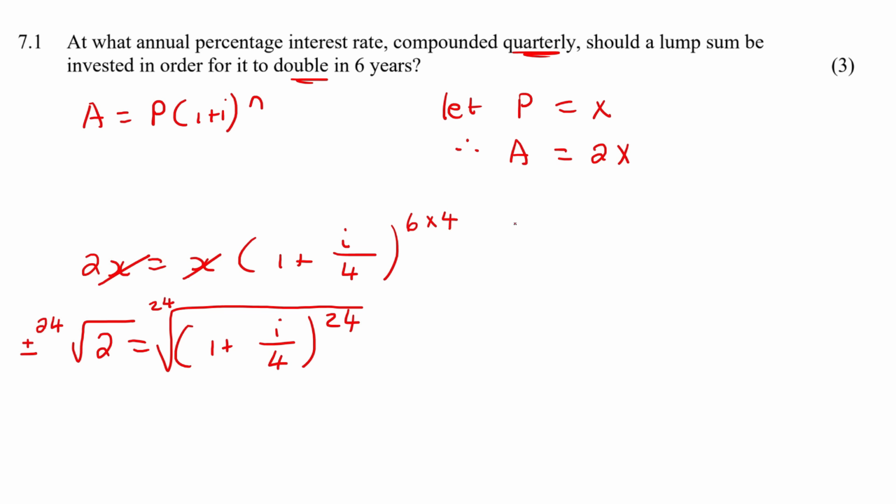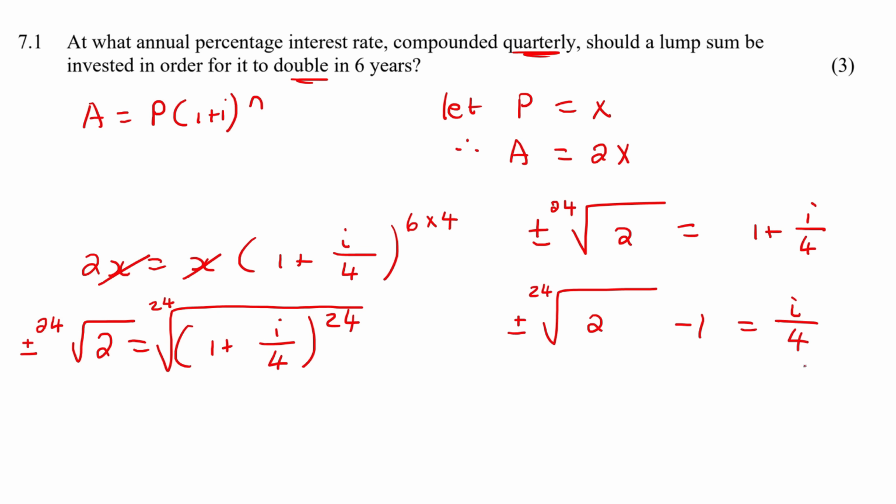And so what we end up with now is plus minus the 24th root of 2 on one side, and on the other side we're just going to have 1 plus i over 4, so we don't actually need a bracket anymore. What we can now do is take this 1 over to the other side, and then multiply this 4 to the other side.